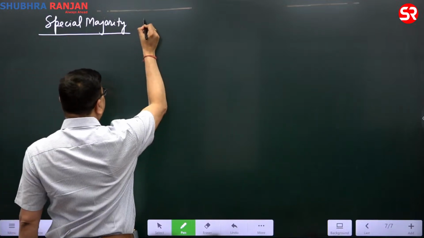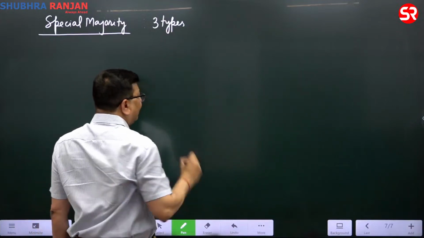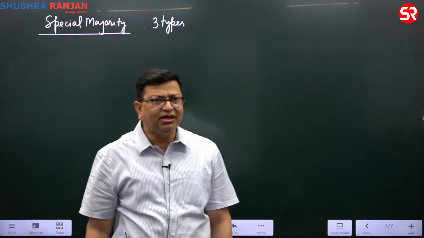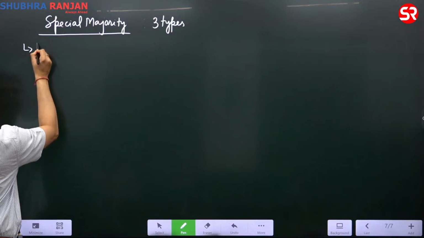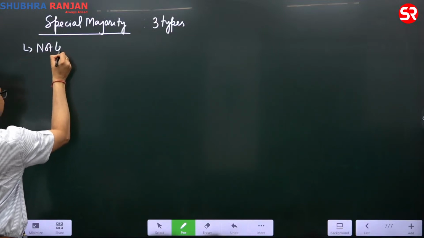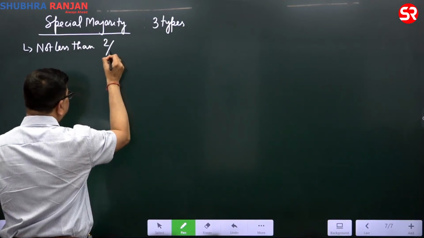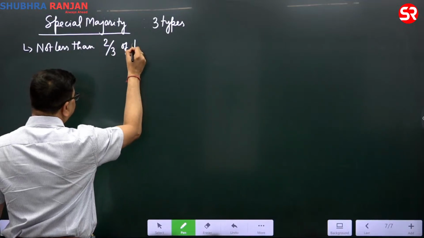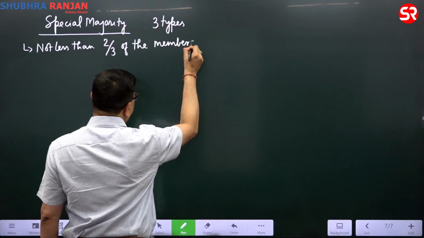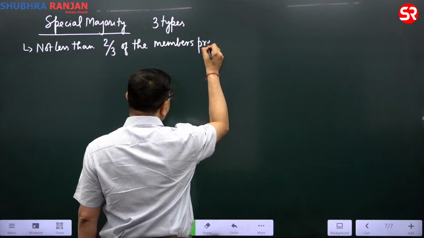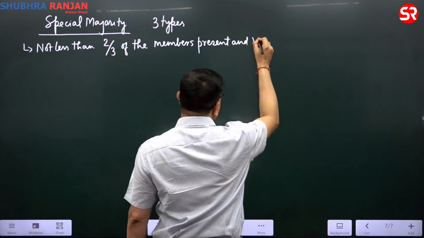Under the Constitution of India, there are three types of special majority. First, not less than 2/3 of the members present and voting.